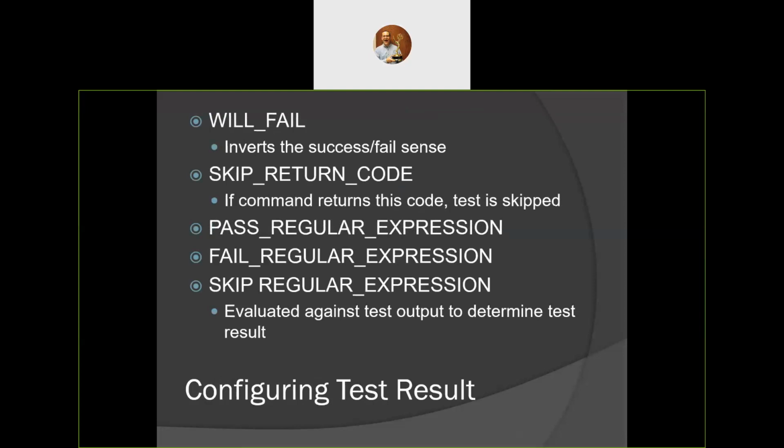And again, maybe you have to run a customer binary as a regression test. That customer binary obviously doesn't know anything about skip return codes or skip regular expressions. So sometimes you just have to wrap up executing that customer binary in another binary or script, the wrapper basically, and have that understand how to communicate with CTest.